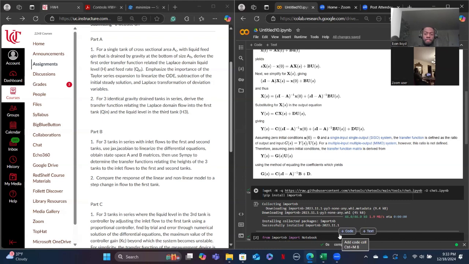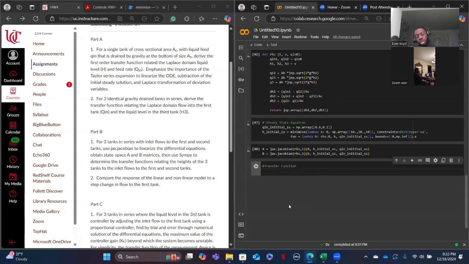So we're not using C and D. We're just using A and B. So we can actually get rid of C and D in this equation, which leaves us with our transfer function equal to S times I minus A to the power of -1, all times B. Okay.